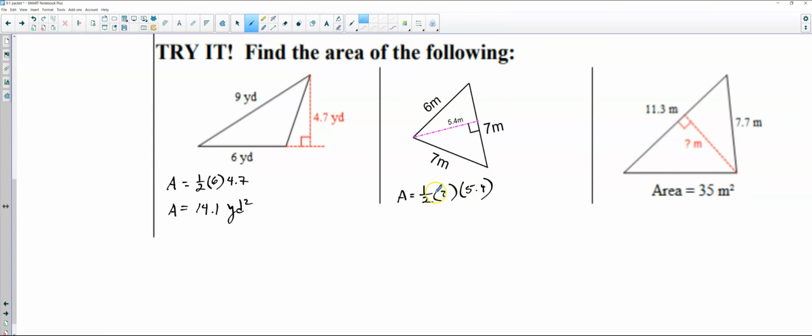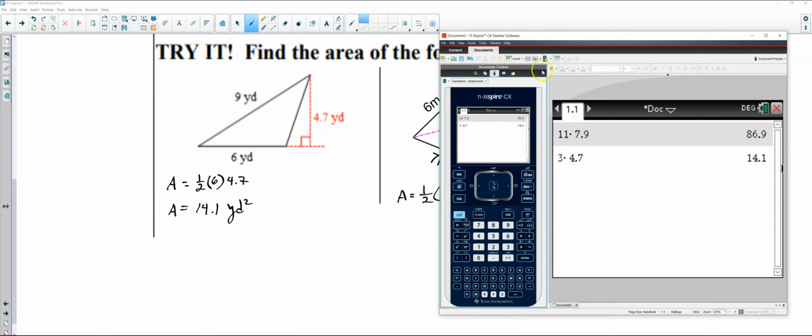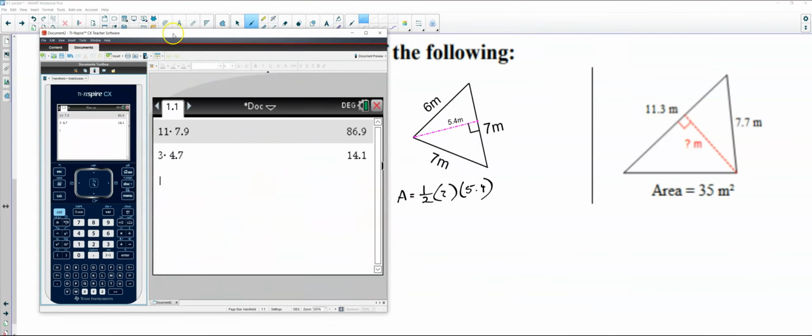Half of 7 is 3.5, so it would basically be 3.5 times 5.4, or you could just put it like that on the calculator. Let me show you. You put 1/2, or you could put 7 times 5.4 divided by 2. Remember, all those are valid.